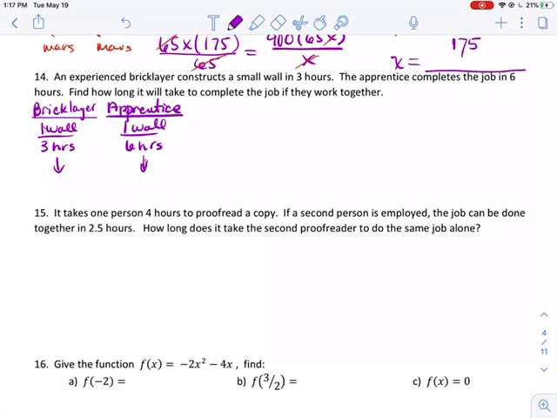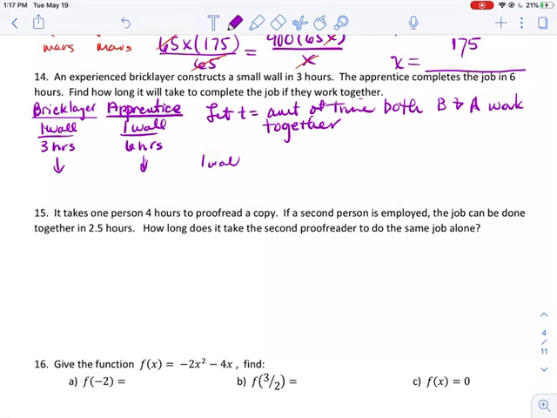So if we don't know the time, let t equal the amount of time both the bricklayer and the apprentice work together. Then remember you have a rate.